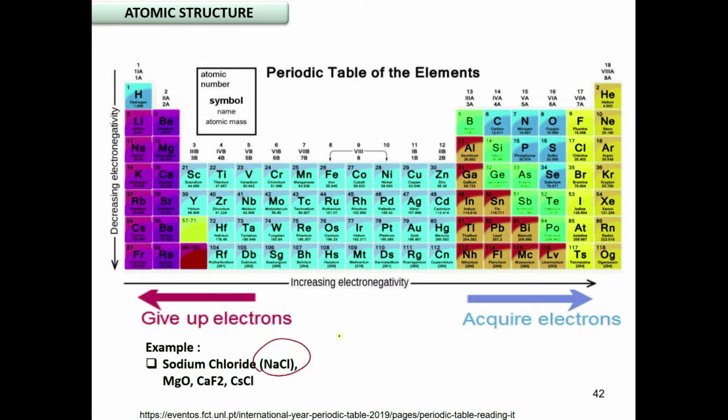The simplest example is sodium chloride. You have sodium here, which is the metallic atom, and chlorine here, the non-metallic atom.